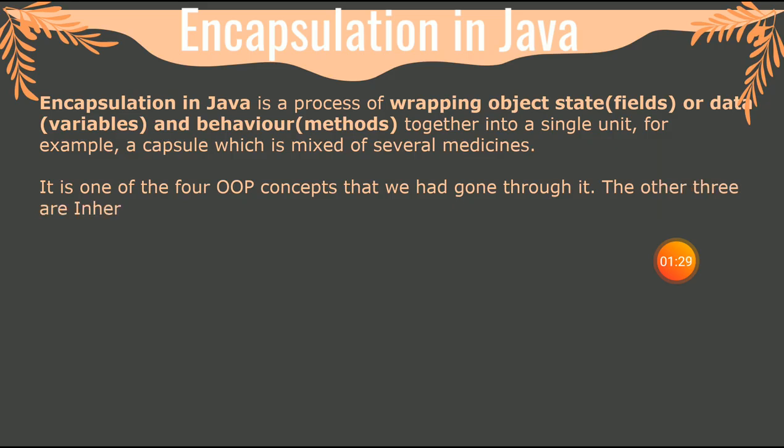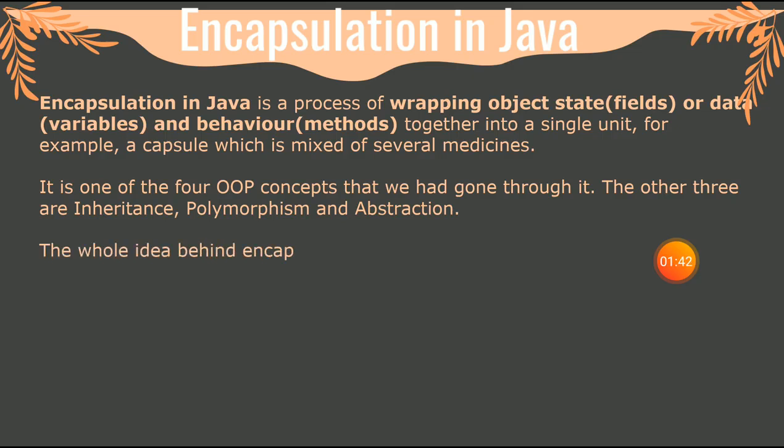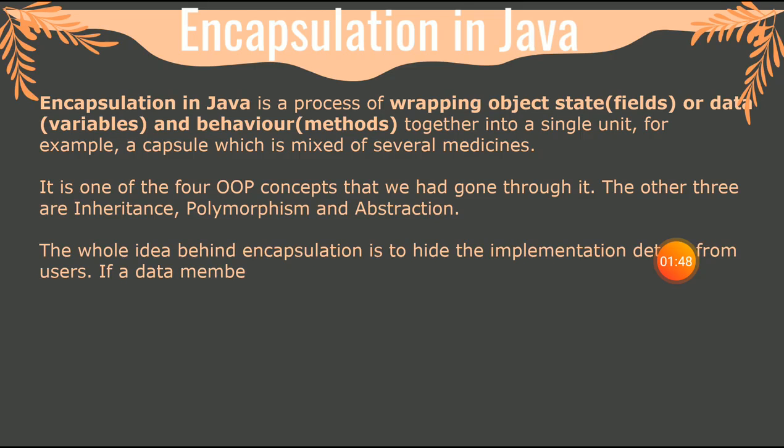It is one of the four OOP concepts that we have gone through. The other three are inheritance, polymorphism, and abstraction. The whole idea behind encapsulation is to hide the implementation details from users.